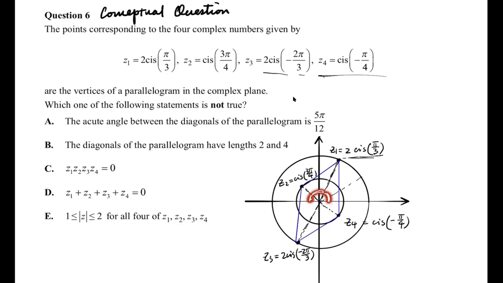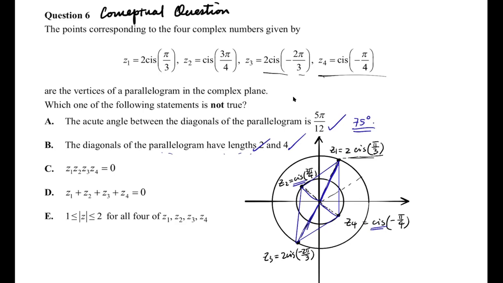So in the middle, I think the first option is true. 5 pi on 12, which is 75 degrees. Good. The diagonals of the parallelogram have length 2 and 4. Okay, so this complex number here has a length 2. 2 and 2, 4. 1 and 1, because there's a hidden 1 in front of the cis. So yes, this is correct.